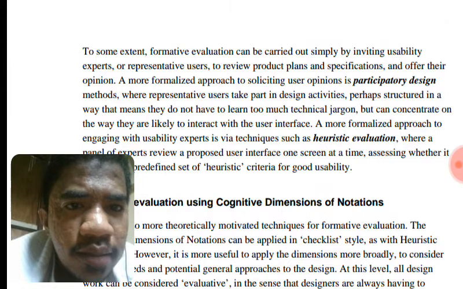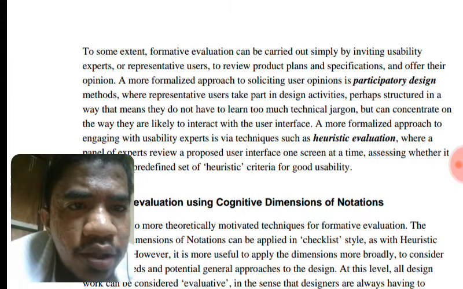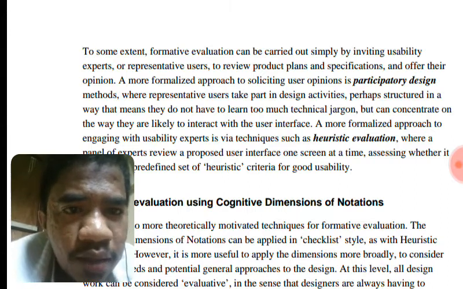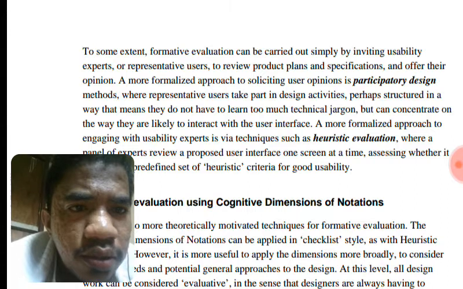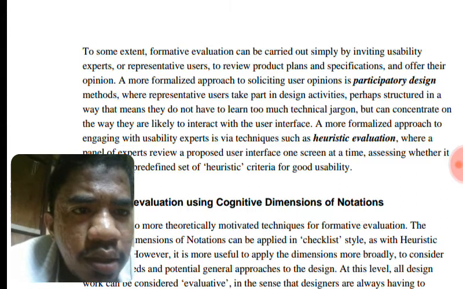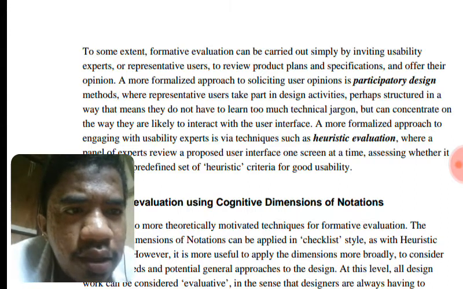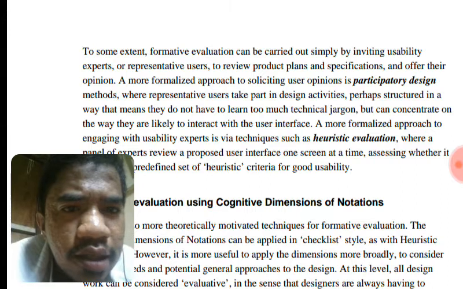To some extent, formative evaluation can be carried out simply by inviting a usability expert or representative user to review the product plan and specification and offer their opinion.